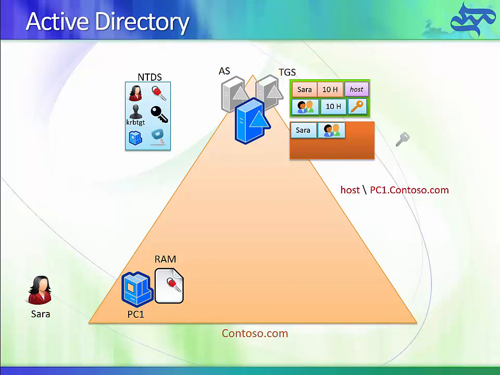After that, the group membership of the client will be placed, and then a copy of the newly created session key. This information will then be encrypted. It has to be encrypted, otherwise it's going to fail. So using the key of the computer account, this part will be encrypted, and no one has access to it except the KDC and the computer itself.